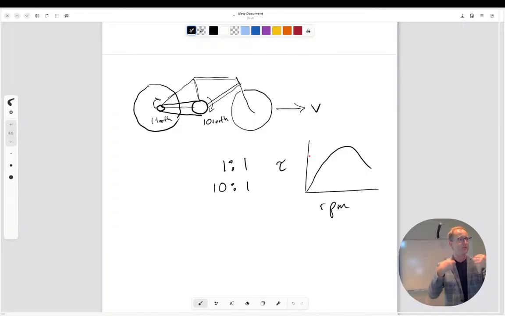We input food, we output heat and work. We have some kind of optimum RPM that we can really handle. So that's what the gear ratio is doing for you, keeping the bike at your optimum level. You pedal at a comfortable speed, and your bike moves at a good speed.